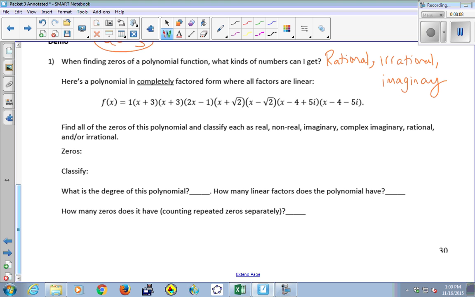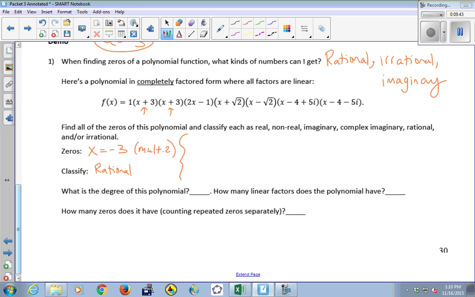Okay, so looking at this first factor, if x plus 3 is a factor, what has to be a 0? -3. So my zeros are x equals -3. And to classify that, that is a rational number. And then that happens twice, because my next factor is also x plus 3. So I might just write multiplicity 2 here, because it happens twice, instead of rewriting it all again.